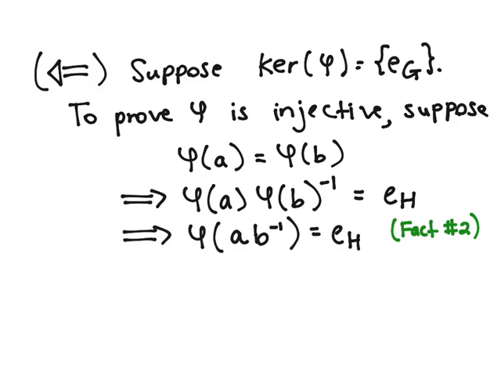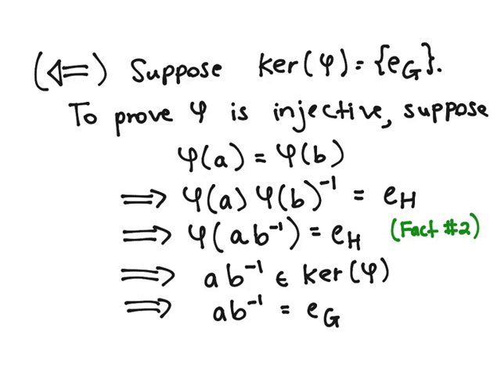Then using fact number 2 that we stated earlier, we can pull that inverse inside of the phi, and using the definition of a homomorphism, we can combine the two terms. So the left-hand side becomes phi of a b inverse. But notice this says phi of a b inverse equals the identity. So in other words, it says a b inverse is in the kernel of phi.